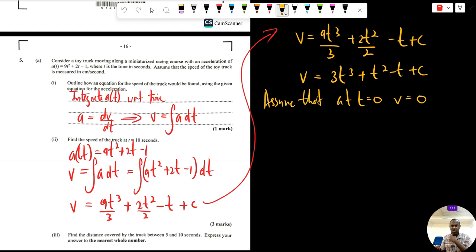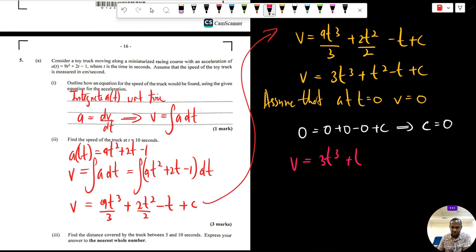So at time t equals 0, v is equal to 0. And if we make the assumption, we could do the substitution, and so you get that 0 equals 0 plus 0 minus 0 plus c, which therefore means that our integration constant c would be equal to 0. And therefore, our equation for the velocity is v equals 3t cubed plus t squared minus t.